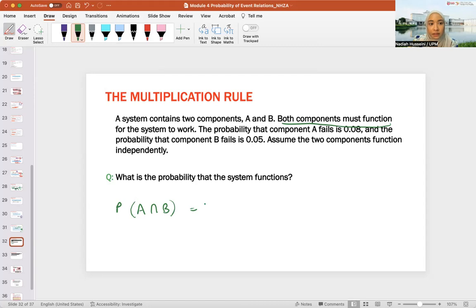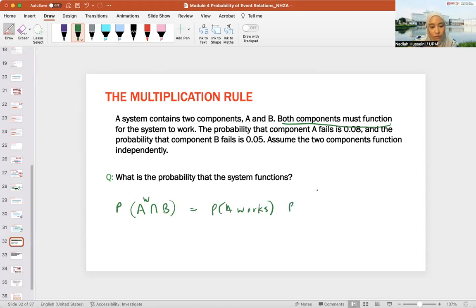Okay, let's not talk about the numbers yet. What should I multiply over here? The probability of A failing or the probability that A works? A works. A works with? Okay, so I'm going to put W here.